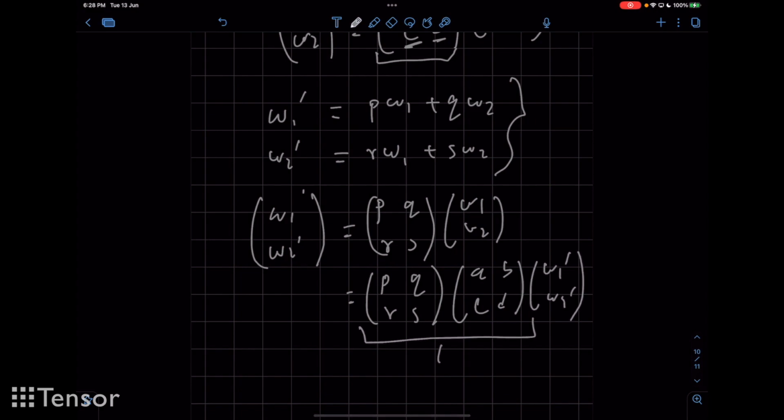Then the product is the identity matrix. So the PQRS matrix is the inverse of the ABCD matrix. And since PQRS has all integer entries, we can say that both of these matrices are in GL2Z.